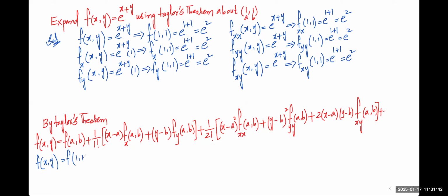This is 1 comma 1. 1 by 1 factorial is 1 only, no need to write.